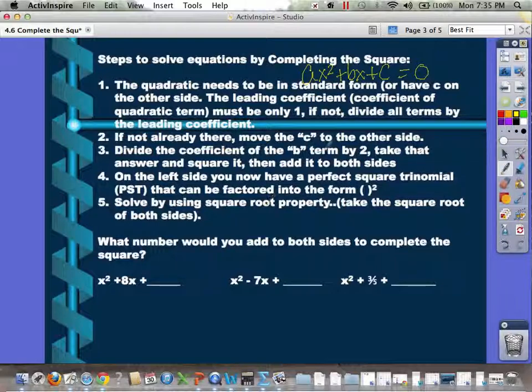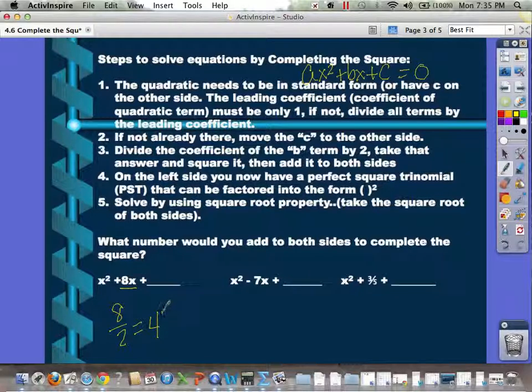So let's start with some of these and see what we can get done. If we take our linear term, this one right here, in order to find the number that would complete the square, remember we take our linear term and divide it by 2. 8 divided by 2 is 4.